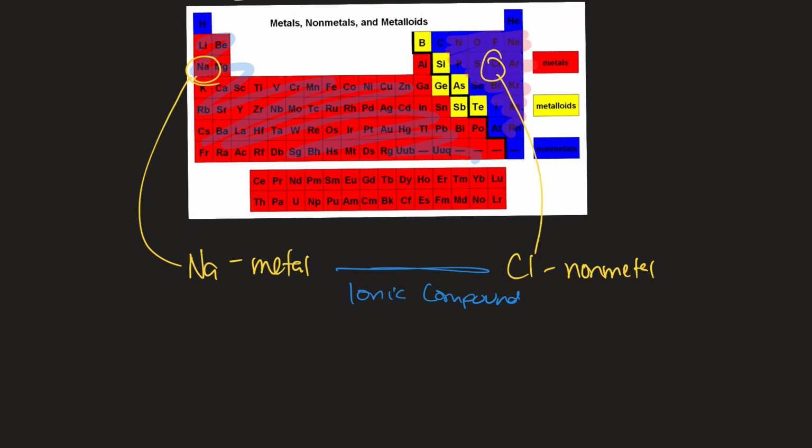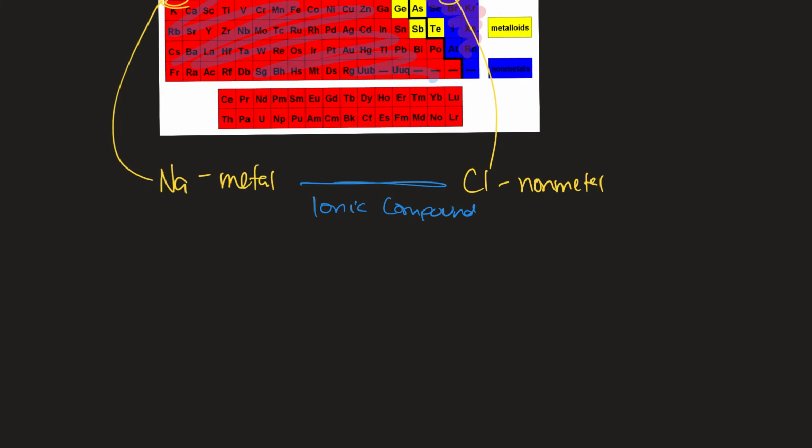Well, ionic bonds are formed by ions. That's why it's called ionic bonds. If we look at the Lewis dot structure of sodium, we find that sodium only has one valence electron, so it looks like this, with its one dot. Then we have chlorine. When we look at its valence electrons, it has 7 dots, so it looks like this.